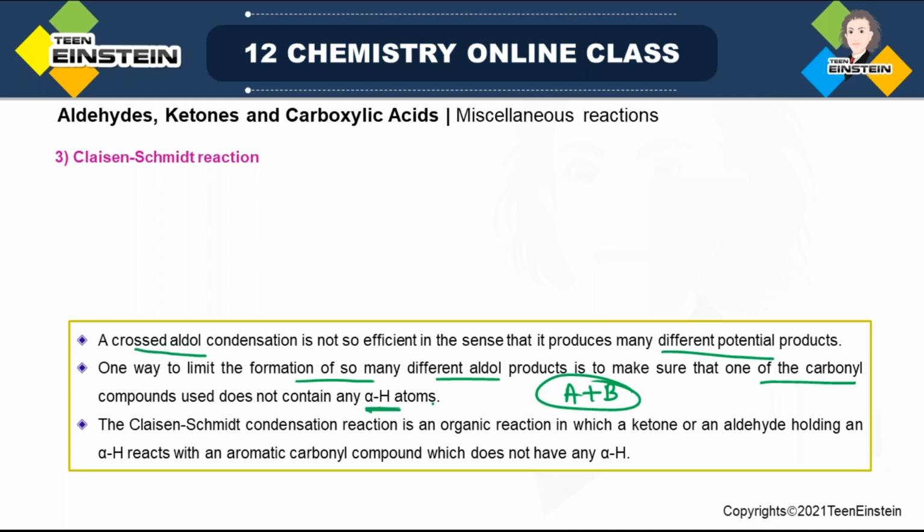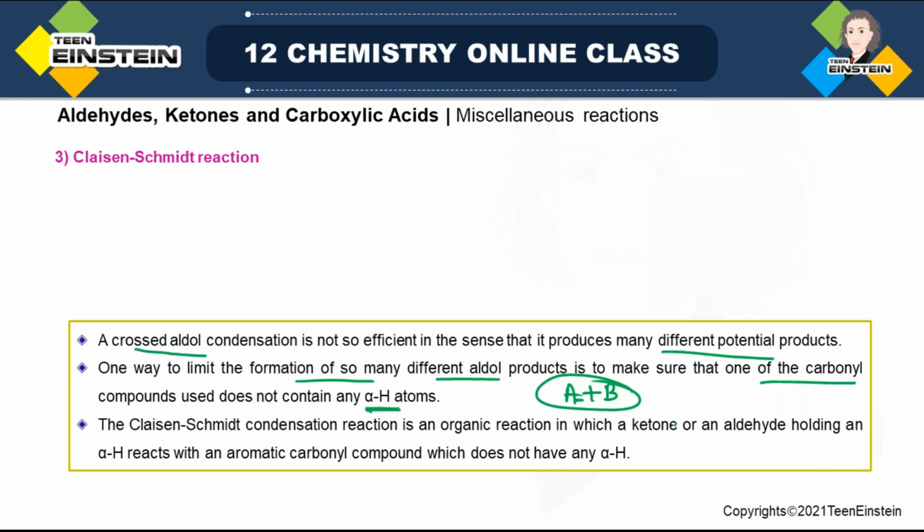Suppose in A there is no alpha hydrogen, that means carbonyl will be generated only in B, right? In A you cannot generate carbonyl. So that is the solution, or you can say one way to limit the formation of a mixture of products.